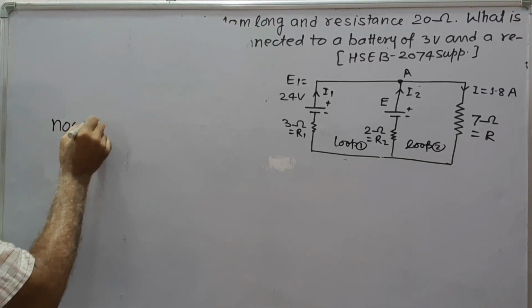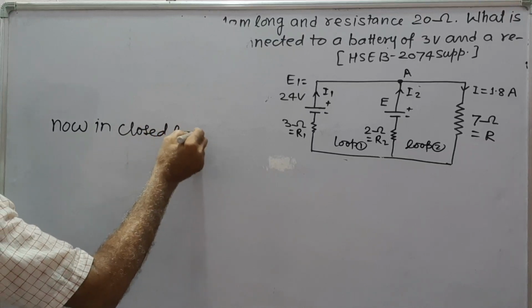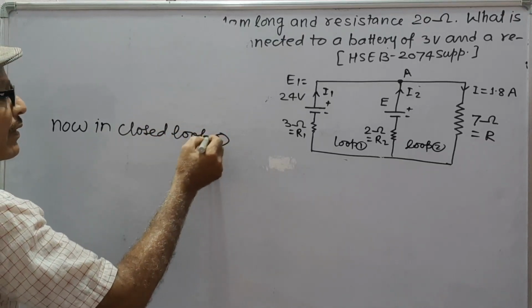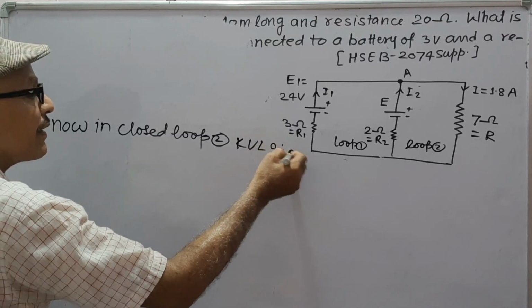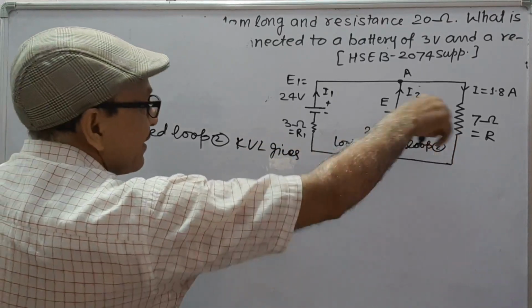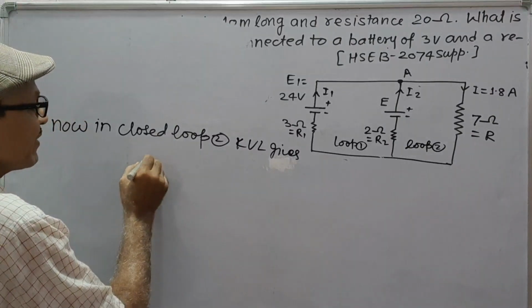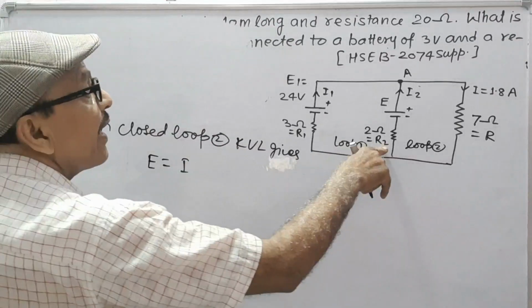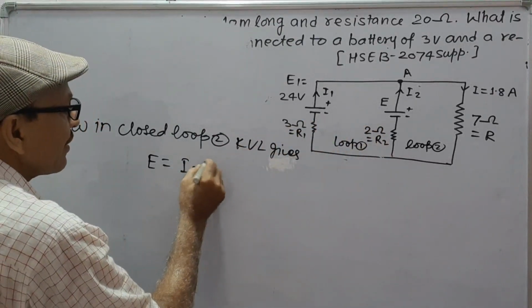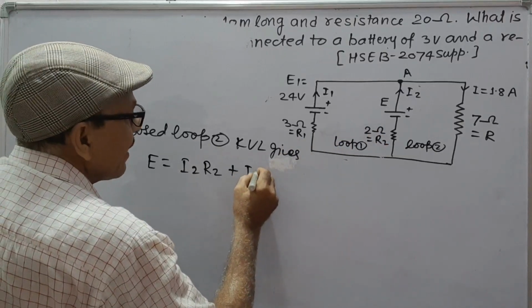Now, in closed loop 2, KVL gives sigma EMF is equal to sigma IR. Sigma EMF means E is equal to I2 R2 plus IR.